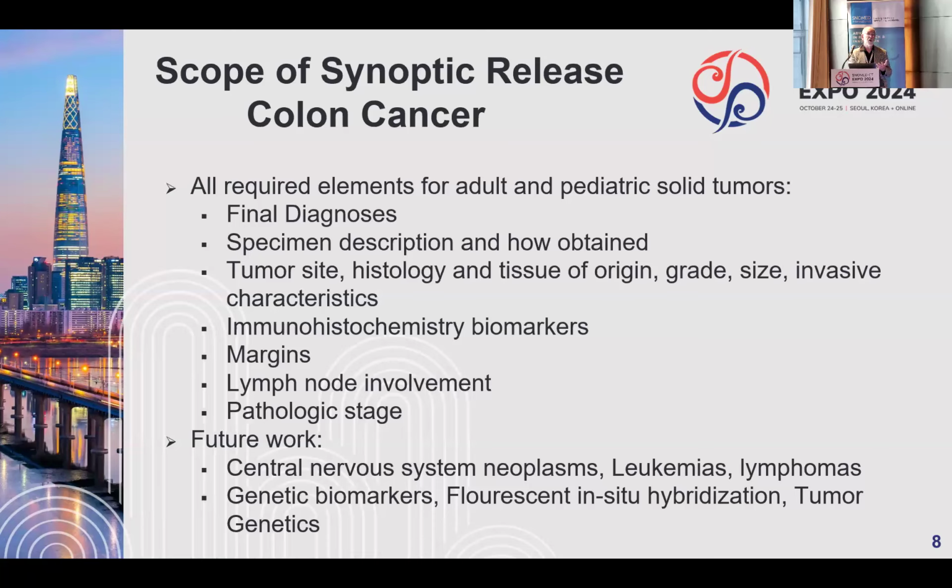That includes the tumor genetics, which is obviously an evolving area and is not in use by all sites, as well as fluorescent in situ hybridization, a technique for biomarker detection, and biomarkers that are based on genetics. In the future, central nervous system cancers, leukemias, and lymphomas will also be added by agreement with SNOMED. That work just hasn't been done yet.